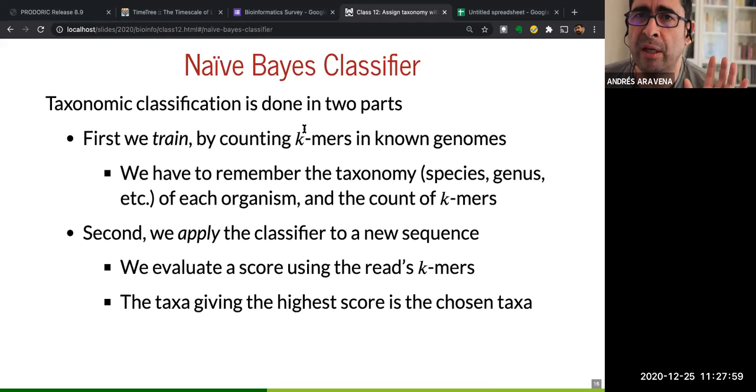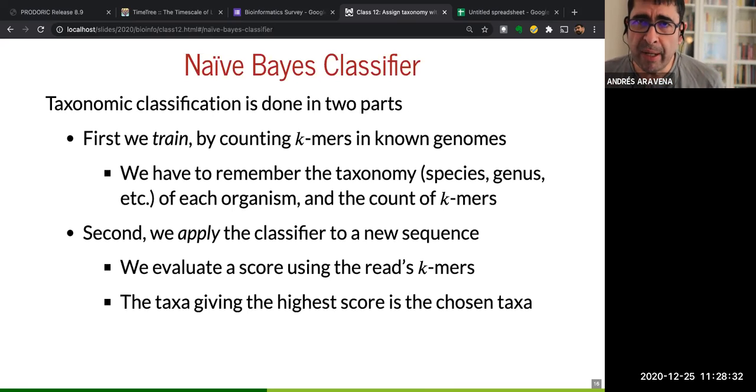In this case, we count k-mers in the genomes for which we know the taxonomy. So we have to remember the taxonomy of every organism and this vector of k-mers for each organism. So you have organism, taxonomy, and the list of k-mers, the frequency. That is the training. You make a big database for every organism. You get a vector, and you get the taxonomy.